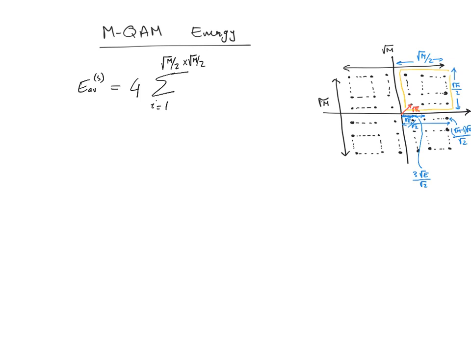Easily you can see that it's basically M divided by 4, right? That's the total number of points in 1/4.